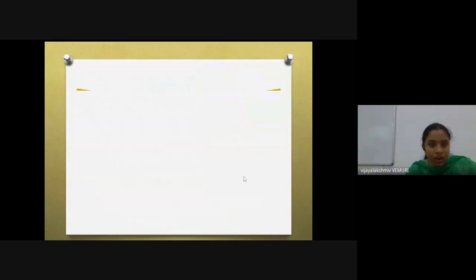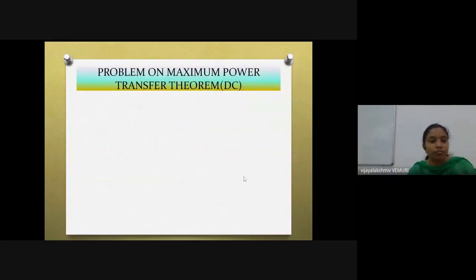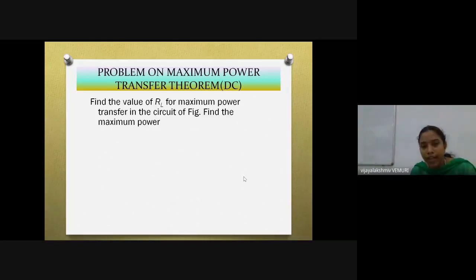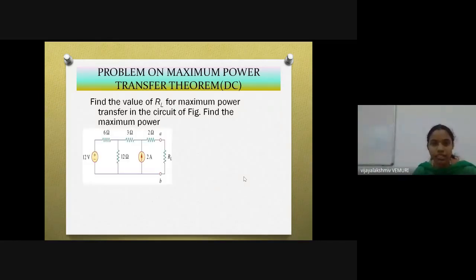Right? Next, how to solve such problems in the maximum power transfer theorem? Let us see that. You are asked to find the value of RL for maximum power transfer in the circuit of the figure, and also find out the maximum power which is produced. That is the question asked for this circuit.